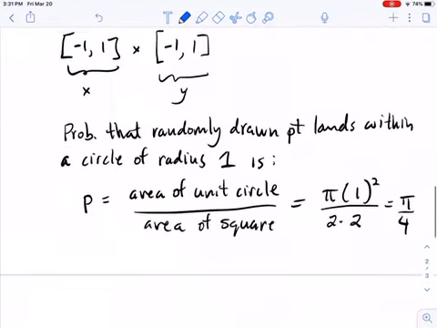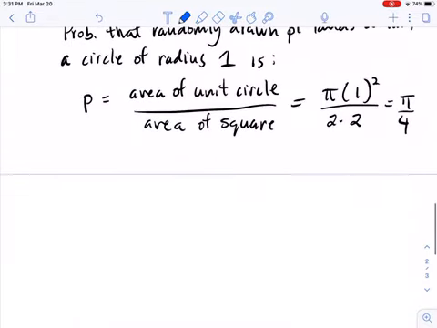Okay, so that means what we've successfully done is we could write pi as an expression that involves some kind of probability, and we're going to try to simulate a result for that probability p.